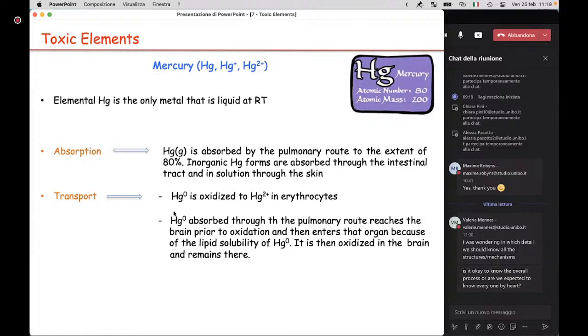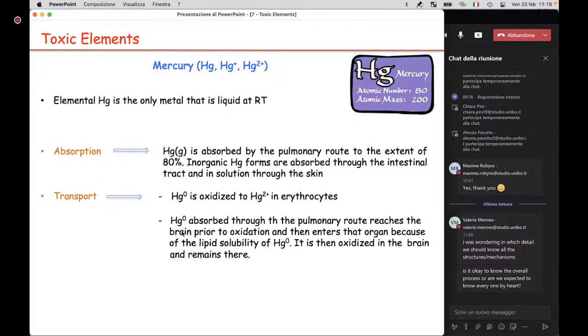However, it can also reach the brain, and this is, as you know, on the one hand very difficult because of the blood-brain barrier, but it is also very dangerous. Mercury as a metal is uncharged. It is quite lipophilic, so it is quite easily absorbed and it passes the blood-brain barrier.